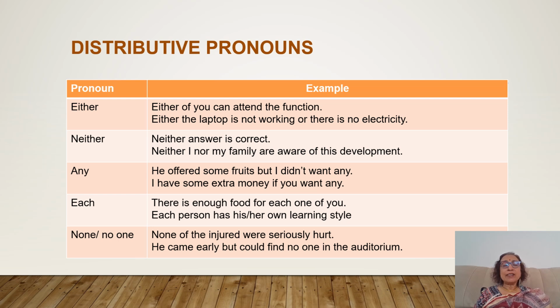Then if indefinite, it becomes anyone can get a prize. Now you are not specifying, it is indefinite. So where the indication of the pronoun is a specific group, a specific number, there we call it distributive. Where it is unspecified, we call it indefinite.